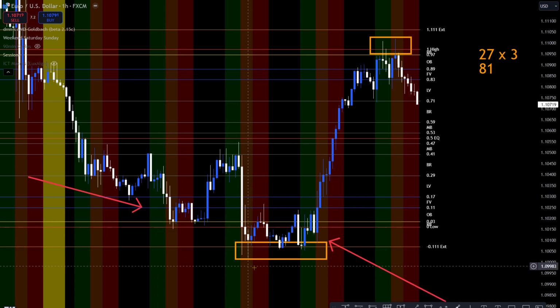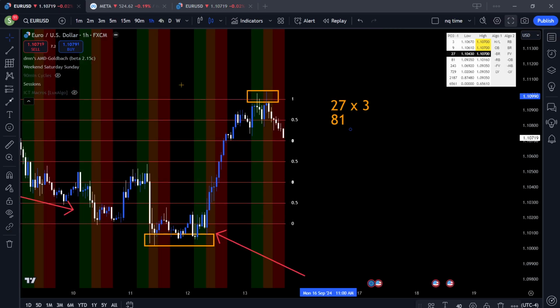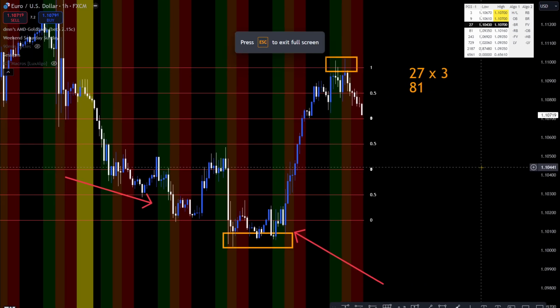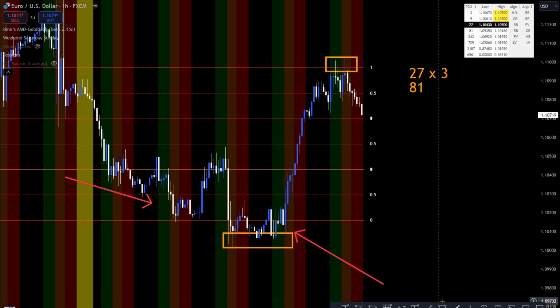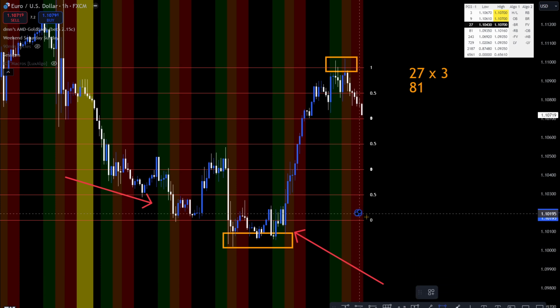So if the 81 is what you're viewing price on right now, and the reason why we have this other one and we have all these 27s on, we can actually come down here and nail it. So us knowing that the EXT level is down here, and we have another dealing range low here.